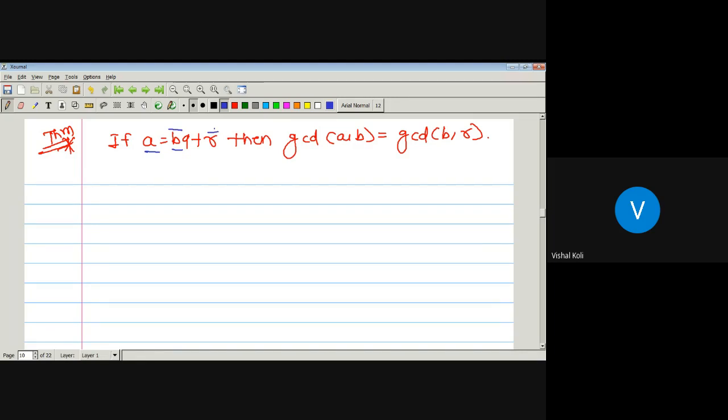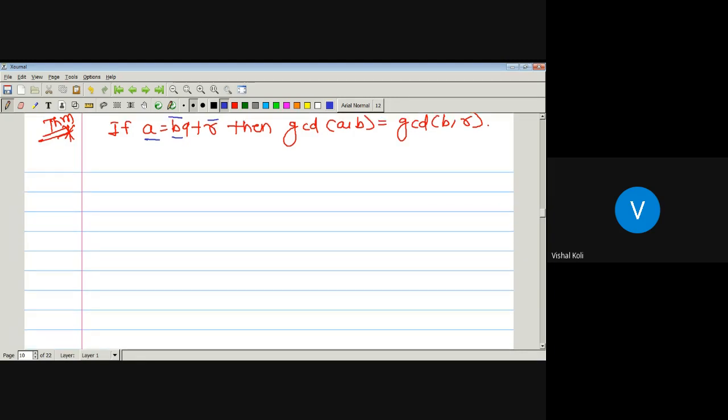So whenever a is of the form b into q plus r, then the GCD of a and b is nothing but the GCD of b and r. That is what we have to prove. Here we take GCD of A, B to be some D, and we show that GCD of B, R is also D, and then this will be proved.